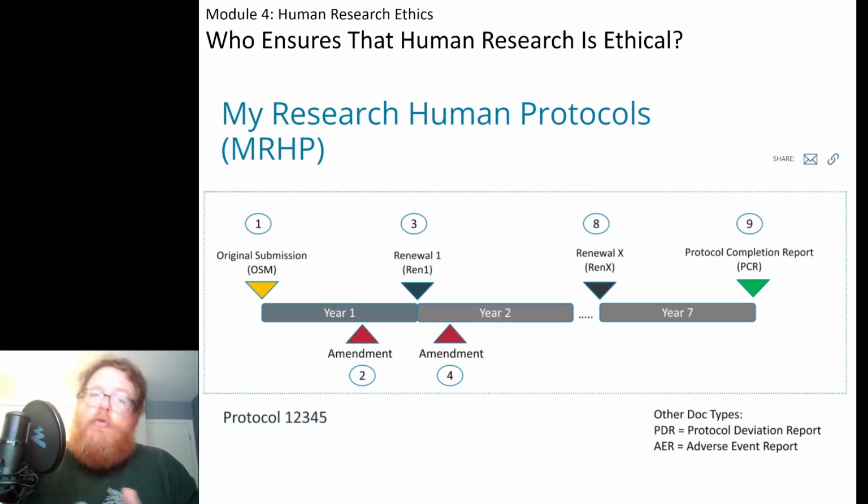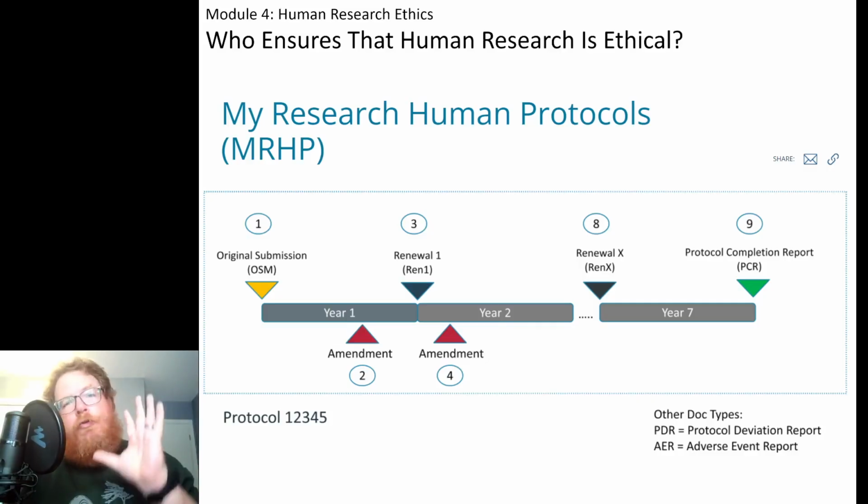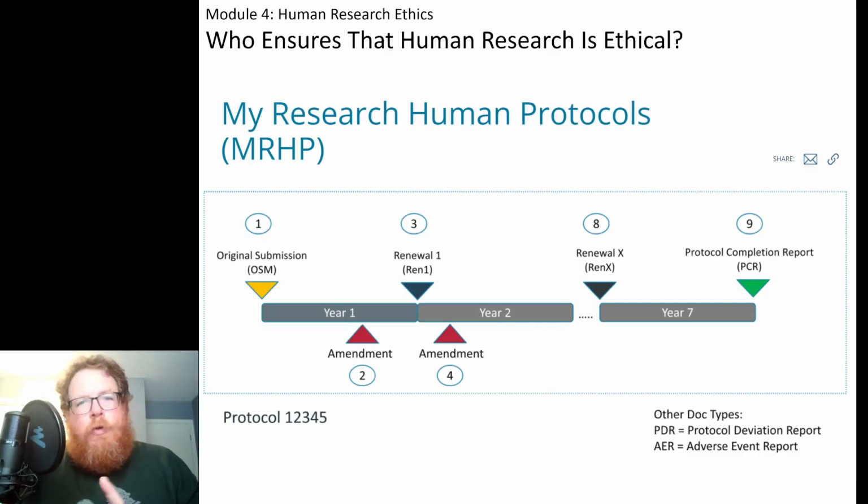Because yes, if there's one researcher, that one researcher might say, you know what, I don't want to have to fill out a protocol deviation report. This injecting with X when I was supposed to inject with Y, it's a minor thing. I don't want to make it a big deal. I don't want to fill out paperwork. I'll just ignore it. That can happen if there's one person in a room. But if there are two people in the room, then of course each is going to hold the other to account.